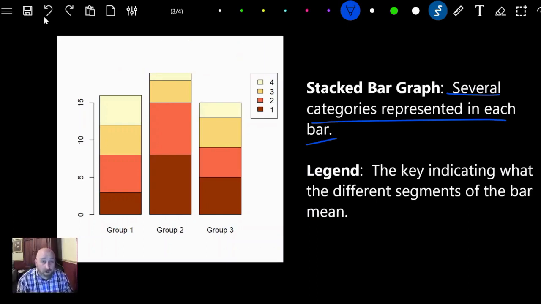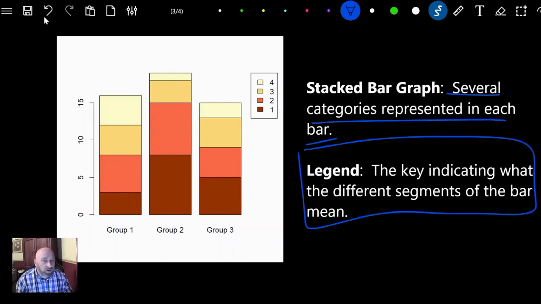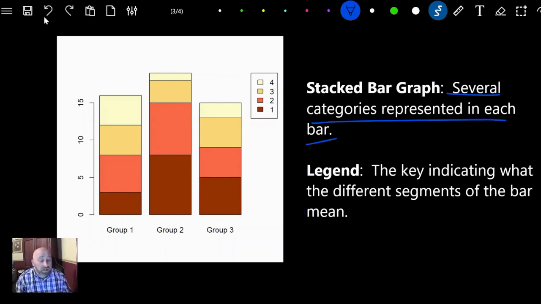We could make up whatever we wanted. But we know that the dark one is, let's call it first graders. I don't know. The lighter colored one is second graders. This yellow one is third graders, and the white one is fourth graders. Okay? So if we didn't have the legend, we wouldn't know what those different colors mean, but with the legend, it helps us to know.